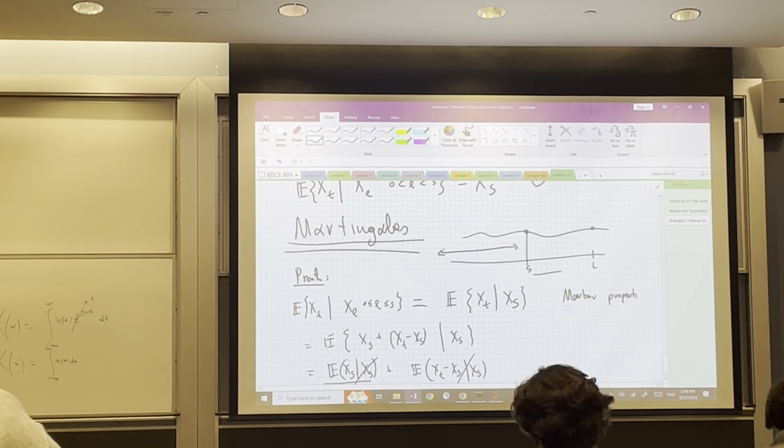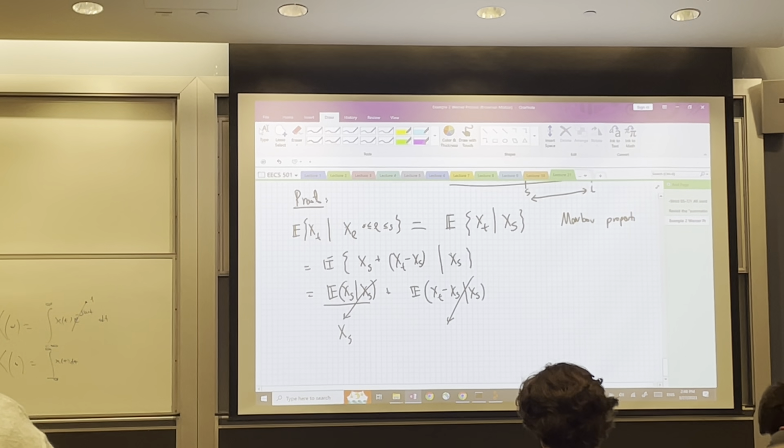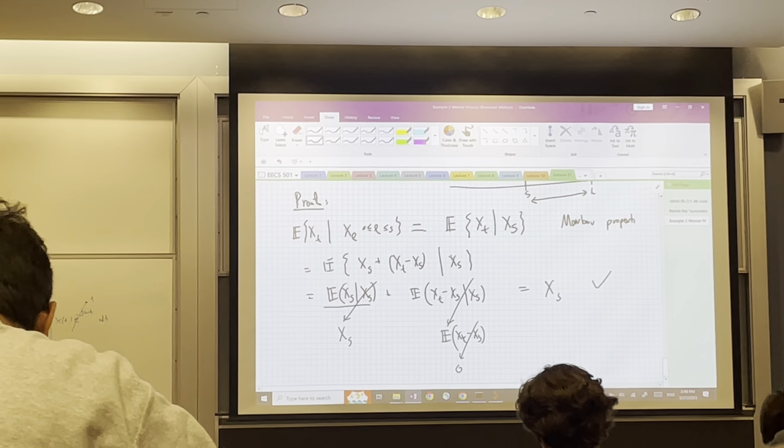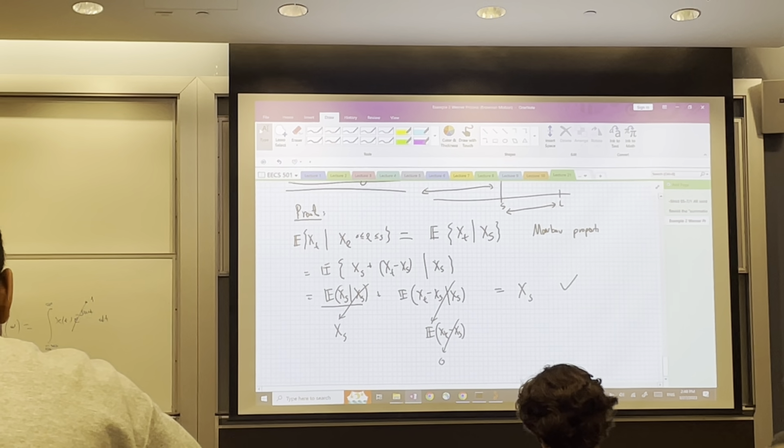The increment from here to there is independent of the random variable xs. So this is the mean of xt minus xs, because I can drop the conditioning. But what is the mean of xt minus xs? We have said that this is a zero mean process. Zero. So we proved it. Yes? No? Maybe?